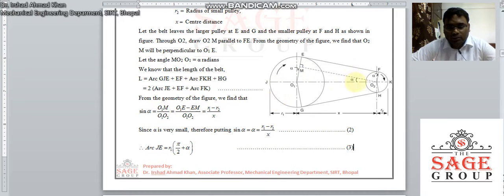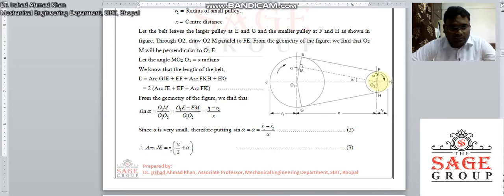Sine alpha is equal to, in this triangle, O1M upon O1O2. O1M you can write as O1E minus EM. Listen to me: O1E is equal to R1, and this O2F is R2.